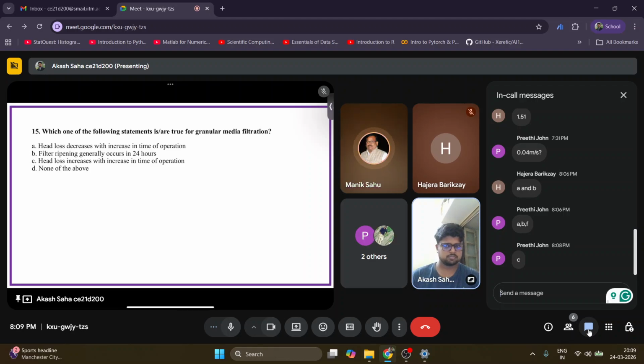Sir, C. Head loss increases with increase in time of operation. Yeah. That is true because the more we do the filtration, the more the pressure head increases. Okay, so head loss will increase.